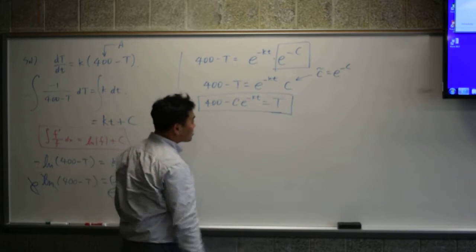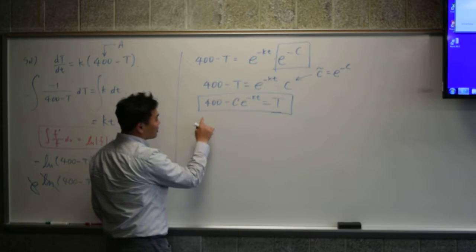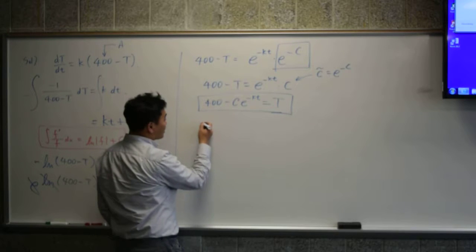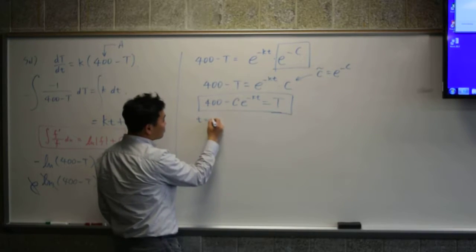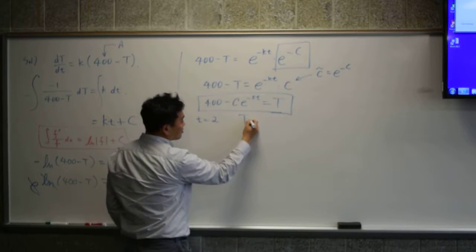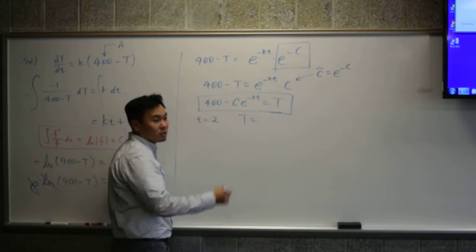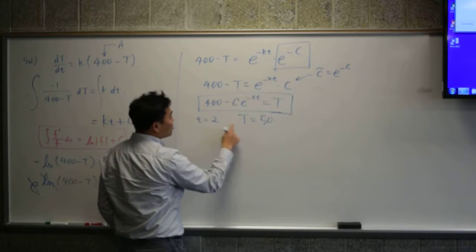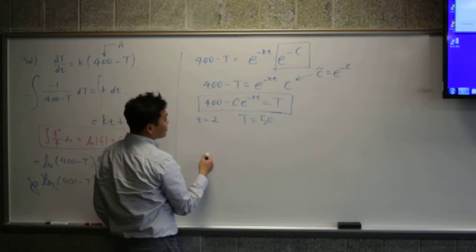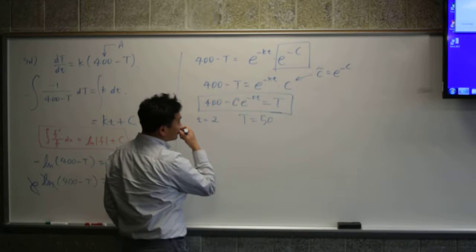I raised the problem, but we had additional data. If t is equal to 2 minutes, what's capital T? 50 degrees. So let's use this to figure out what K or C is.